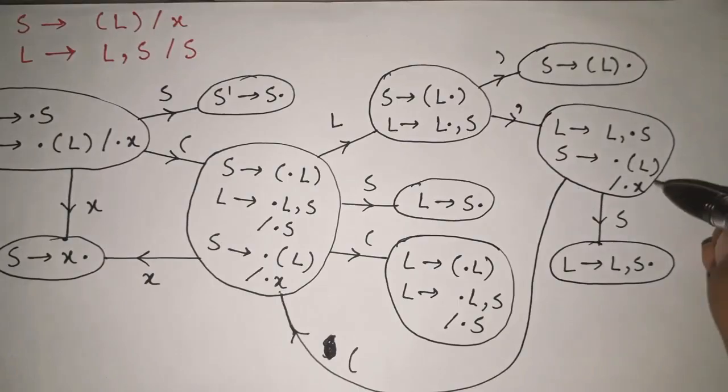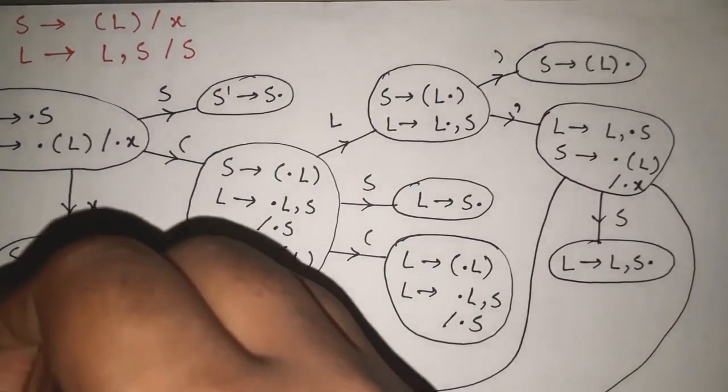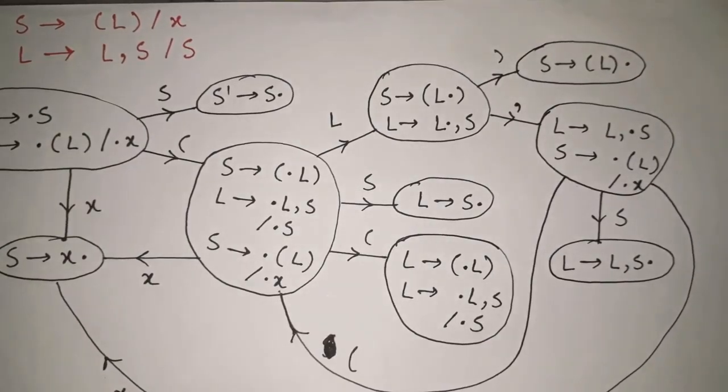Okay, this is also available. So we will not make it again. We will just do an arrow here for small x. I guess we are done now. Just check quickly if anything is left. No, I guess it's done, right?